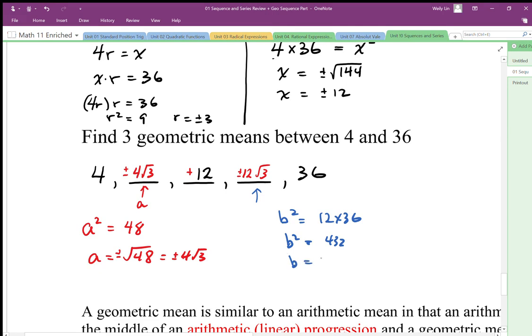So B is equal to plus or minus the square root of 432. Well, 432 is the same as 144 times 3, and it simplifies to plus or minus 12 root 3. So it's the same thing. We can again find the middle using a ratio, but we could also find the middle by using this idea of a geometric average.